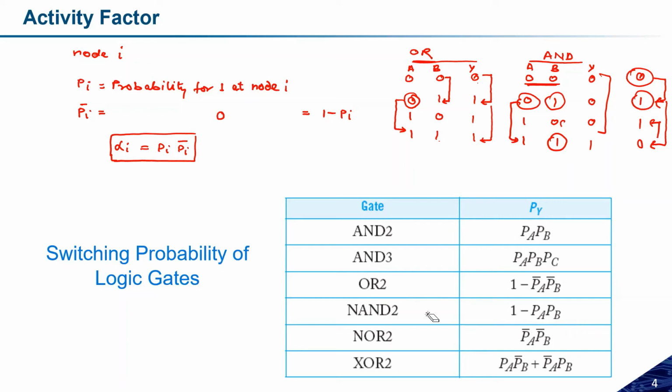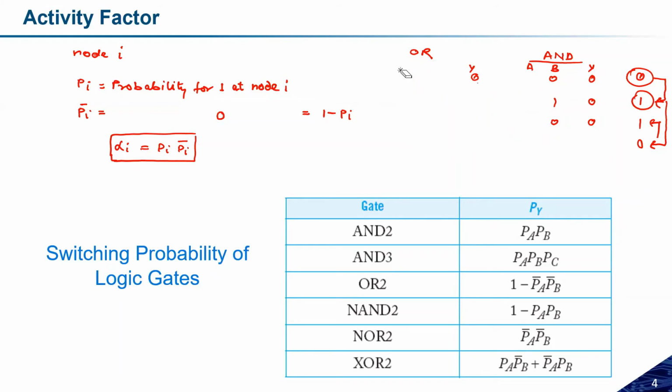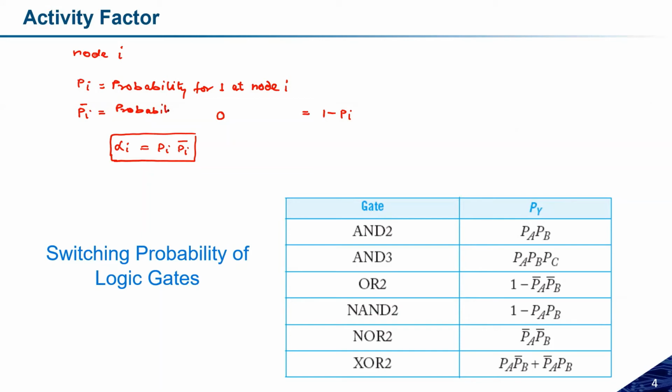So the important thing is, suppose I have a circuit. Let us consider a simple circuit and try to calculate the switching probability. Let us assume I have a circuit something like this.